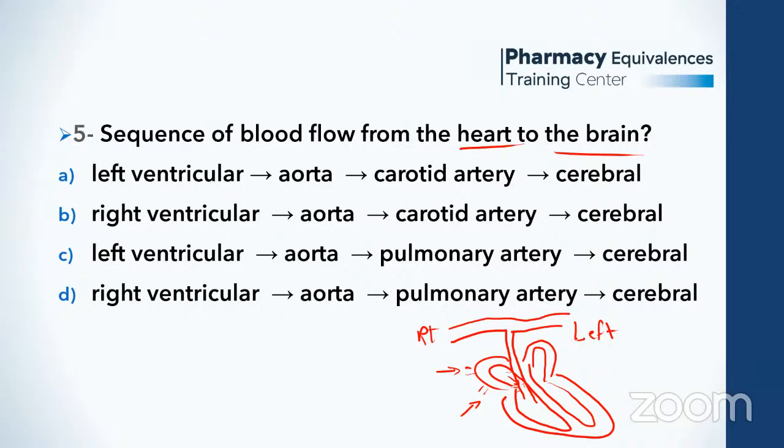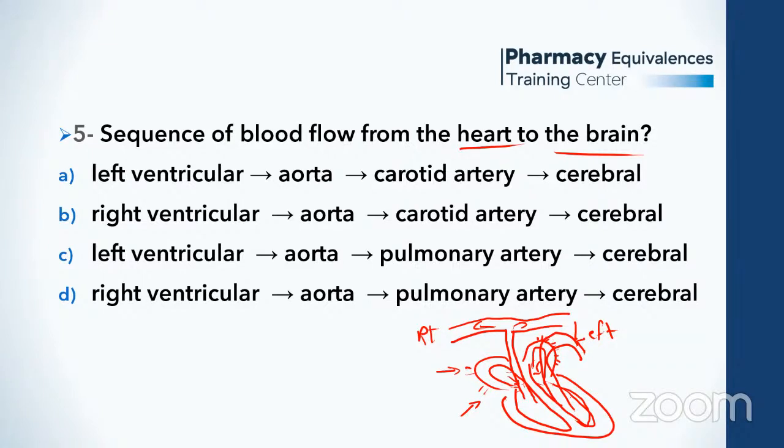Then from the lung it goes back to the heart through the 4 pulmonary veins to the left atrium. Then through the mitral valve to the left ventricle, which pumps the blood through the aorta to other parts of the body, including the cerebral arteries to the brain.